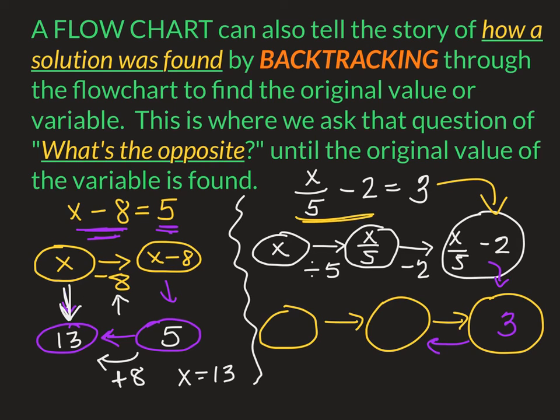Because I'm going in reverse, I'm backtracking. The opposite of minus 2 is plus 2. So 3 plus 2 is 5. I ask again, what's the opposite? What's the opposite of divide by 5? It's times 5. 5 times 5 is 25. So I now know that x equals 25.